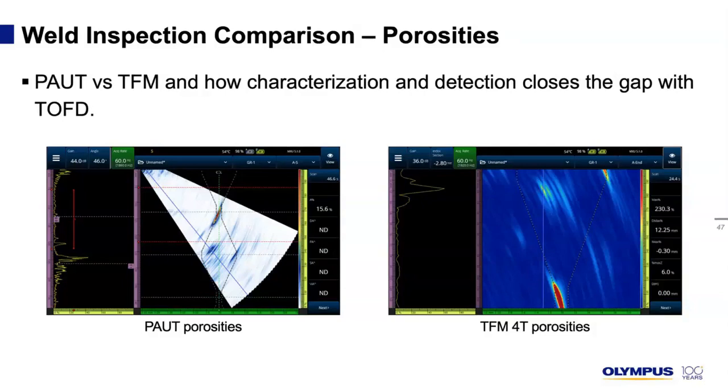TFM can help to discern such indication from the background noise because it is focused everywhere, but also the reflection from multiple angles can help to reconstruct the signal. As we can see on the left, phased array detection of a porosity, and on the right, TFM with a slightly better SNR.